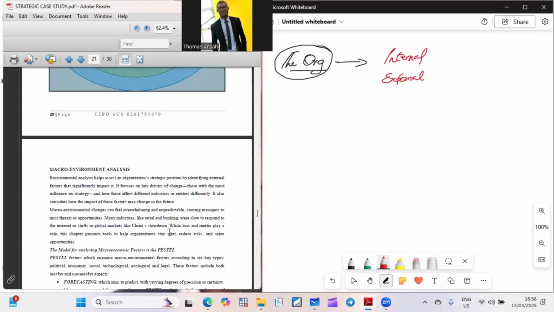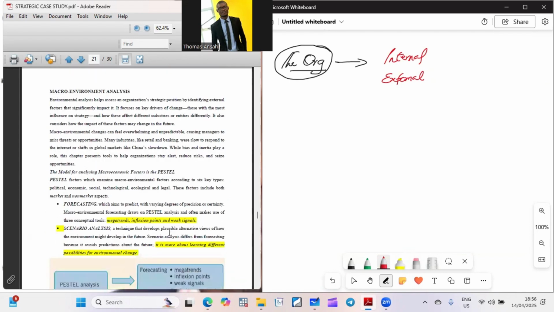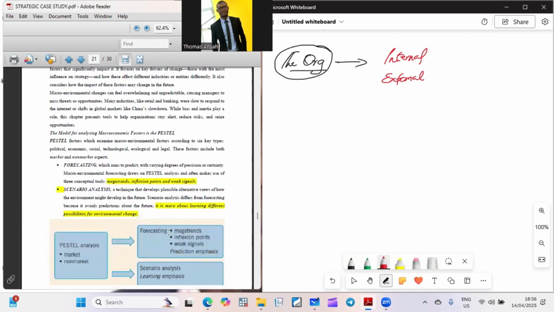All right, so we are looking at the macro, and like I've already said, the macro is used to analyze the external, not just any external. If the thing is talking about national, so you see, you have your own competitors who are with you in an industry.